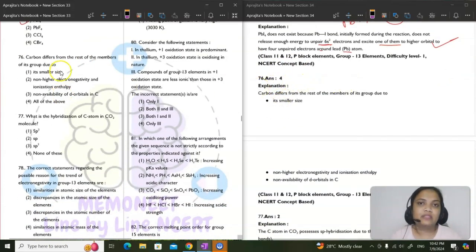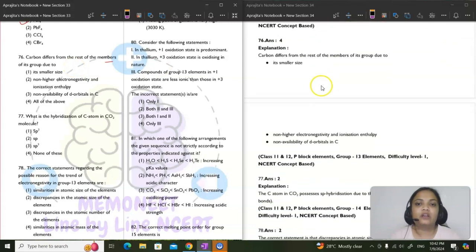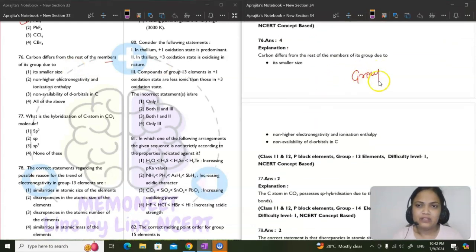Next is question number 76. Carbon differs from the rest of the members of its group because of. You know that carbon is a part of group number 14 elements, but its properties are slightly different from others like silicon, germanium, tin and lead, because firstly it has a very small size.